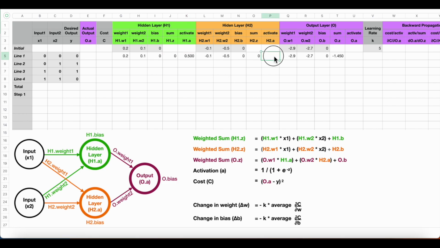And I can copy and paste that for the H2 and output neurons.